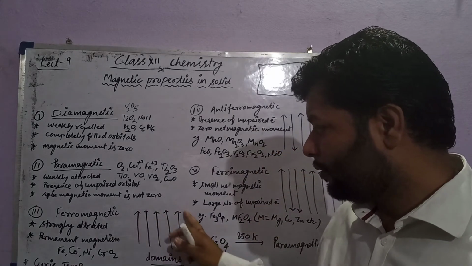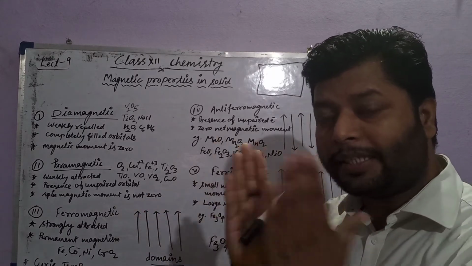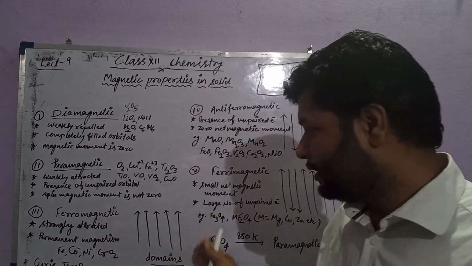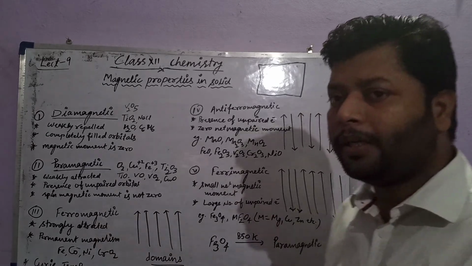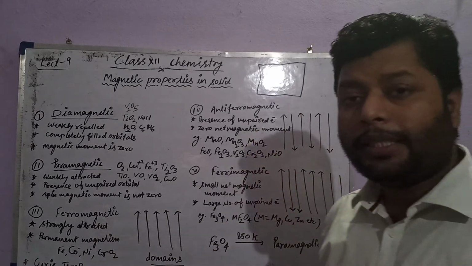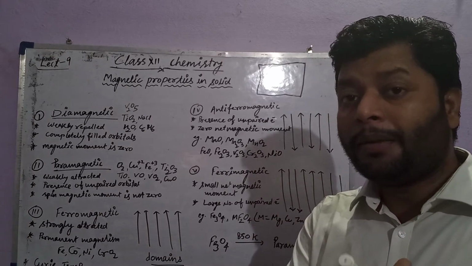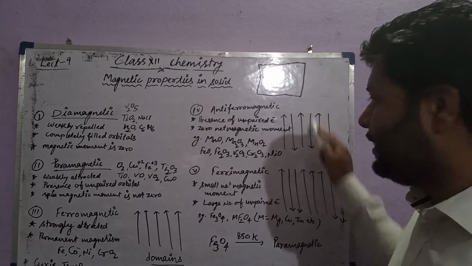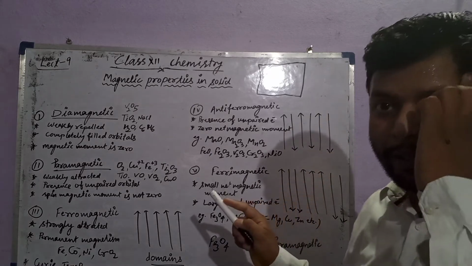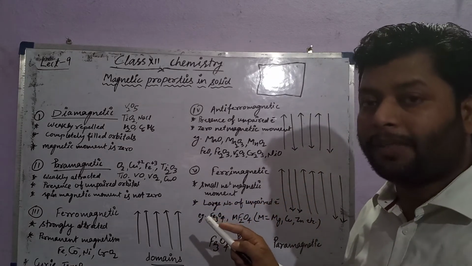If all the domains are oriented in the same parallel direction, the substance is said to be ferromagnetic. But it is also possible that some substances in an applied magnetic field behave with parallel and antiparallel domains in an equal number.